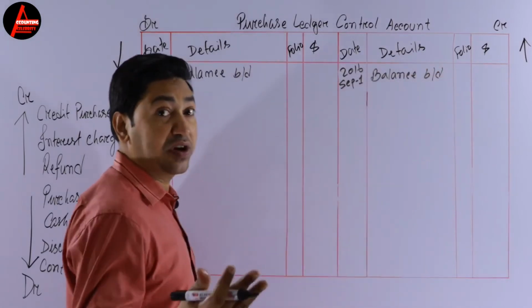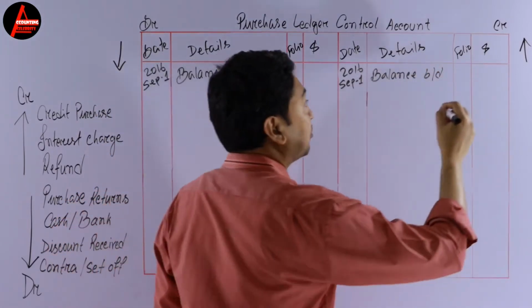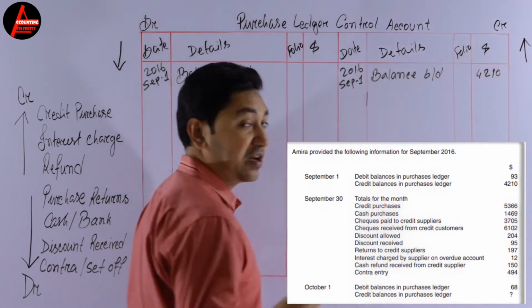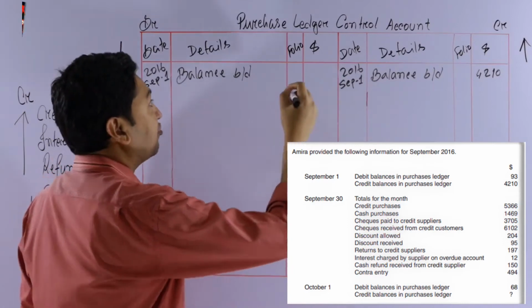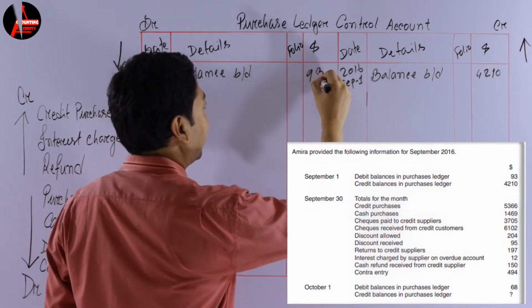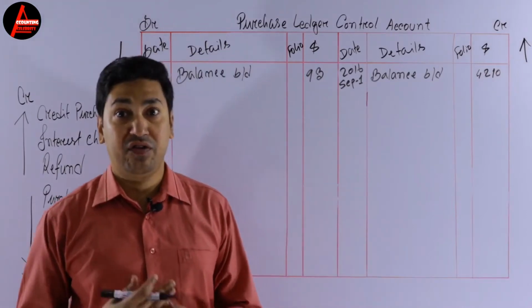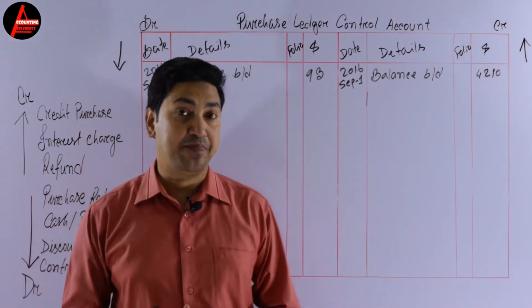So what is the credit balance? 4,210. And what is the debit balance here? $93. So this is the way to write balance BD when you have two balances in the question.